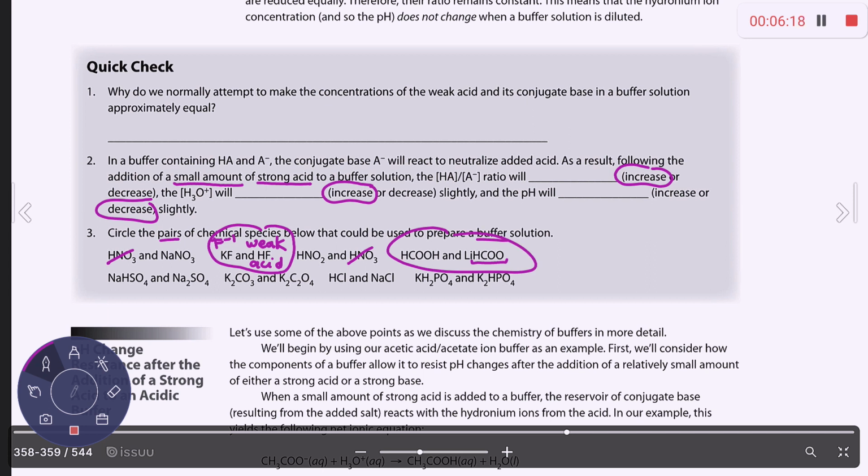Are either one of these a weak acid? Yes? Yeah. Is HSO4-1 in the table for weak acids? Does that make sense?